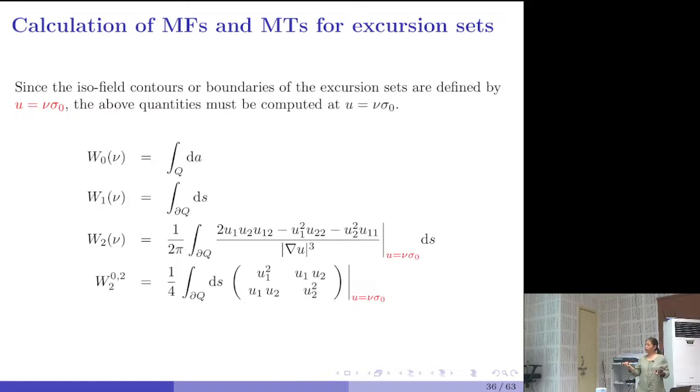From this step to the next step, can anybody think of some way where we can put the formula in a nice way so that we can implement it numerically? Any suggestions? Okay, no suggestions, so I will tell you. I said that identifying contours is difficult, so we will introduce a delta function.